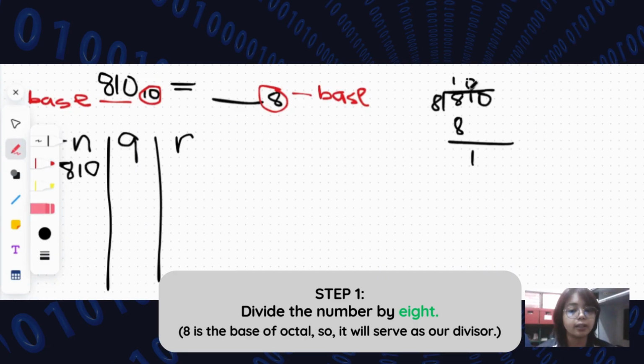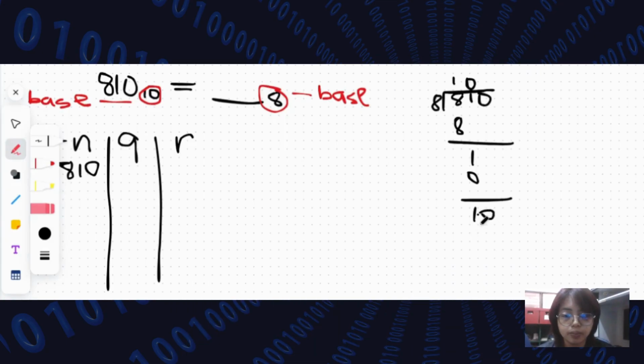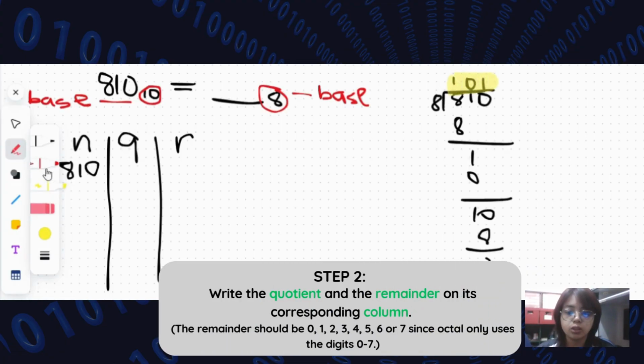So 810 divided by 8. Let us try to use the long method. 10 divided by 8 is 1. 10 minus 8 is 2. So 101 is our quotient, while 2 is our remainder.